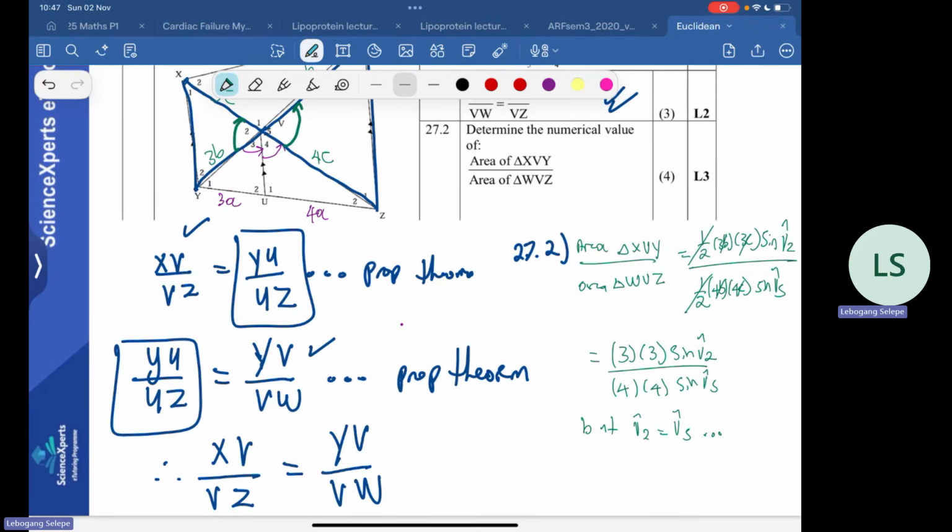These are vertically opposite angles, right? As you can see them, they're vertically opposite. So they can also cancel each other out. So sine V5 would cancel sine V2 because those things would be equal, right? Then I'm left with 9 at the top. 3 times 3 is 9. And at the bottom, I'm left with 4 times 4, which is 16, right?